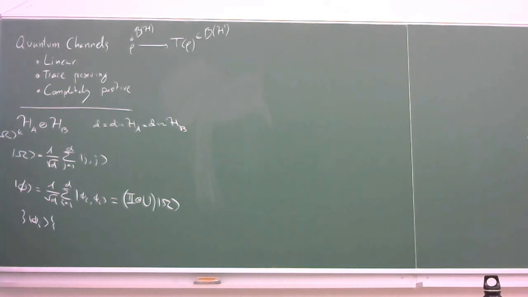In a GHZ state, you measure on the first n qubits, let's say, some pattern. This is more like a Bell state. This is tricky.